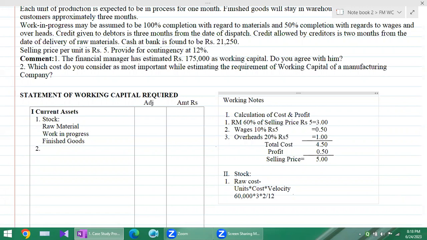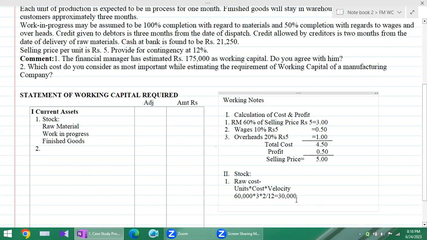So now do it. What is that calculation? We derive it here: 60,000 multiplied by 3, then multiplied by 2 months velocity divided by 12 months in a year. The answer we get is rupees 30,000. Am I correct? And this is one calculation we have done.